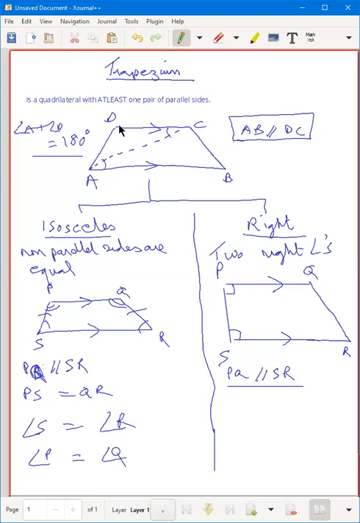But angle DAC will not be equal to angle ACB. Okay, so angle DCA will be equal to angle CAB, because these two sides are parallel, so they become alternate angles, which are equal. But this angle and this angle will not be equal. So therefore it will not be equal, right?